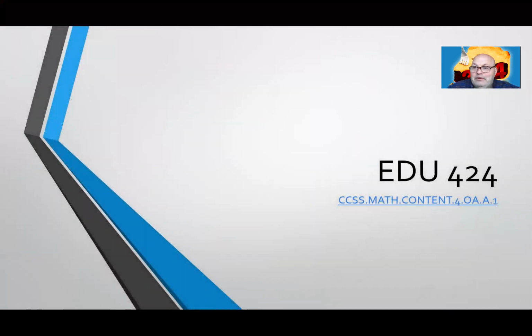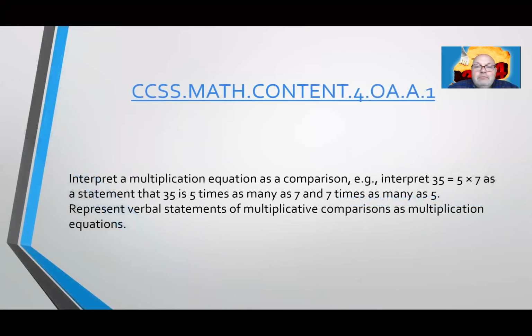Okay, I made a PowerPoint to go with this. So many of you picked content standard 4.OA.A.1. Interpret a multiplication equation as a comparison. For example, interpret 35 equals 5 times 7 as a statement that 35 is 5 times as many as 7 and 7 times as many as 5.